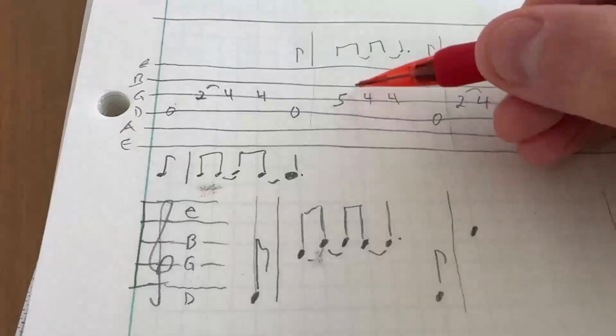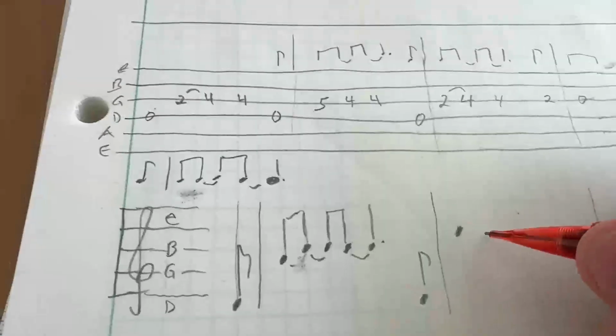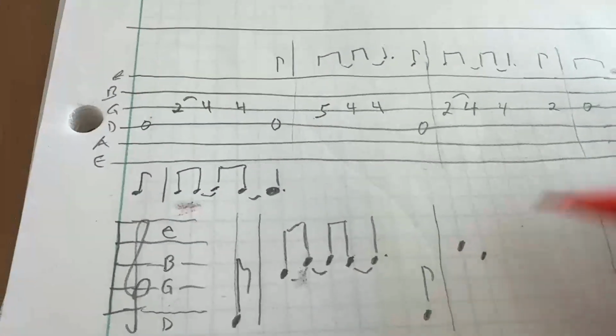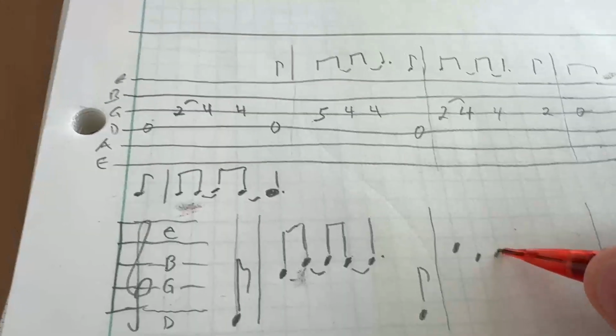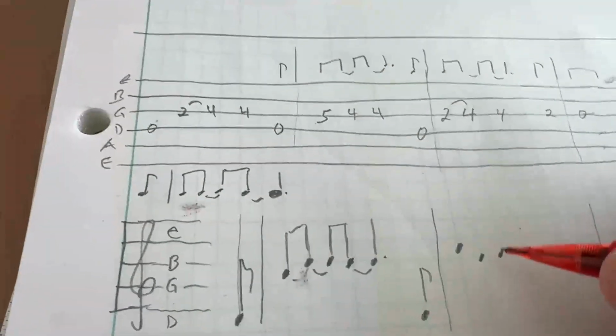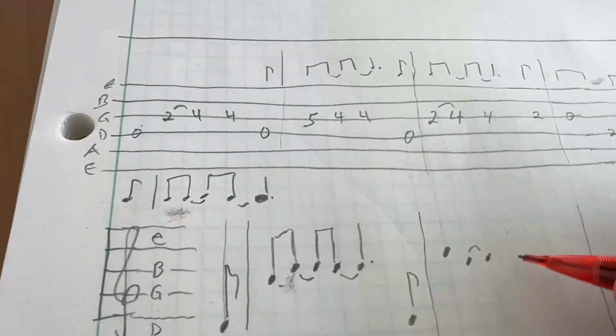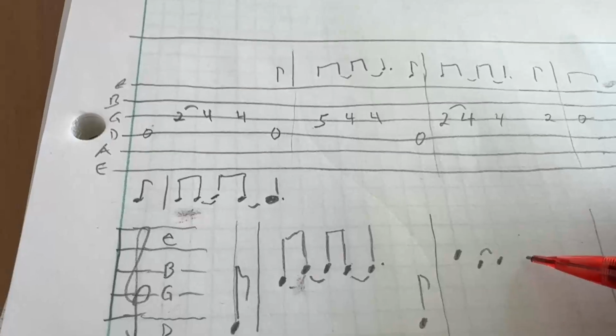Again, it's a half step going down to the B, so it's a D and D, D, D. Same rhythm, which is nice. I don't know if I did that on purpose. Maybe I did.